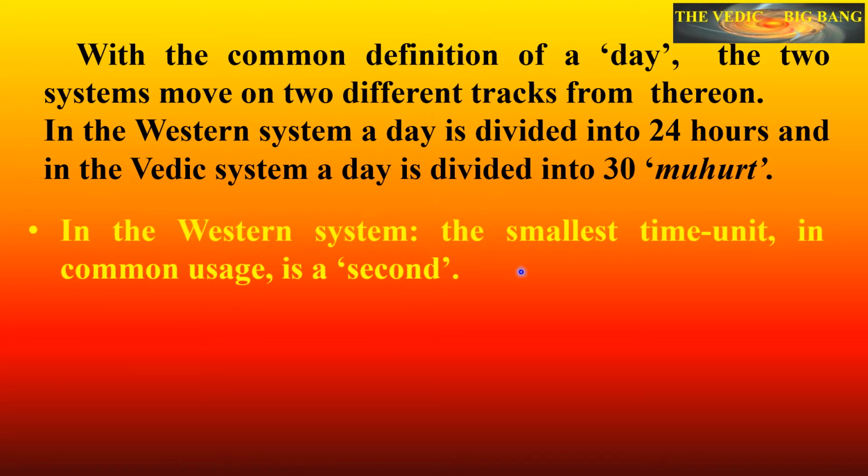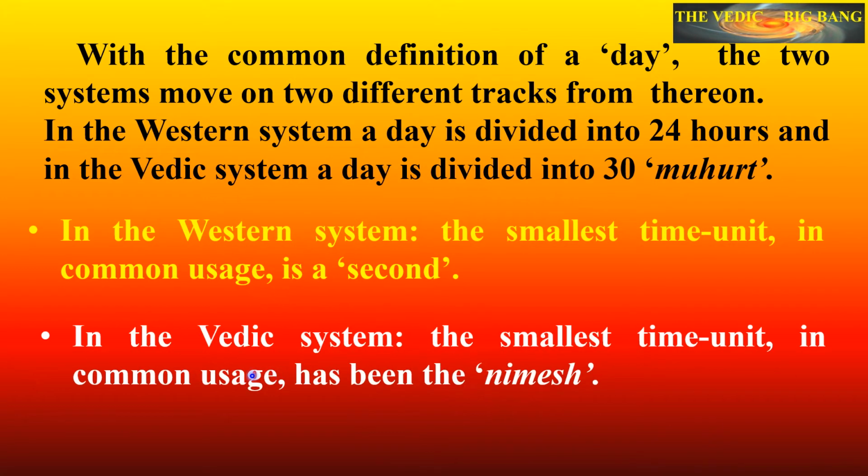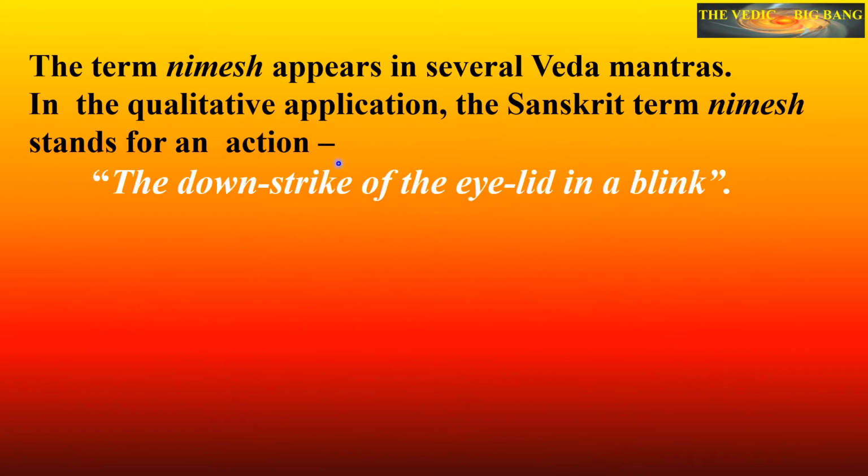In the Western system, the smallest time unit in common usage is a second. In the Vedic system, the smallest time unit in common usage has been the nimesh. The term nimesh appears in several Veda mantras.